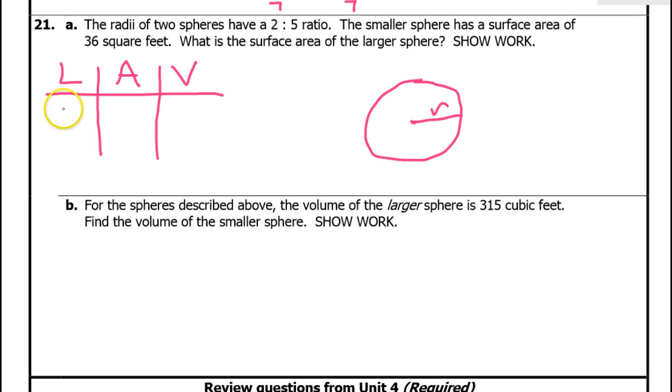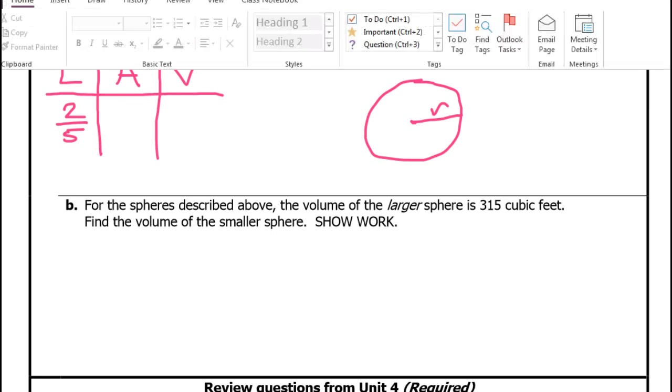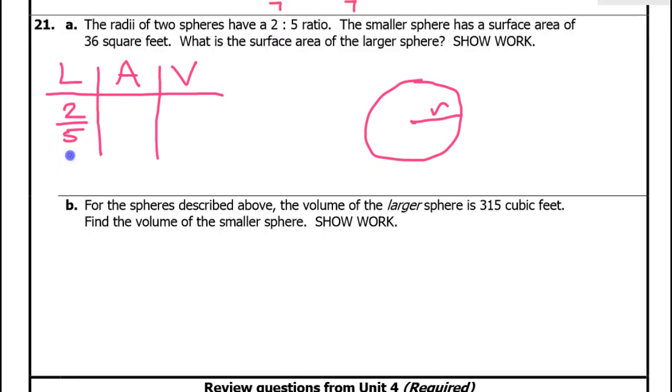So we're going to put our 2:5 ratio right here. So we can use that to get the area scale factor by squaring each of these. All right, so 2 squared is 4, and 5 squared is 25.